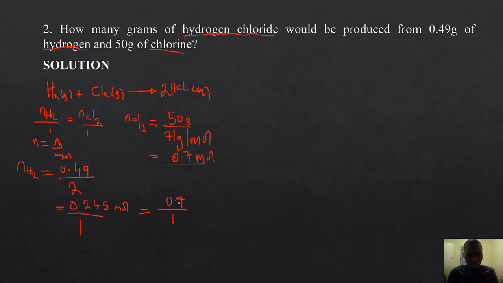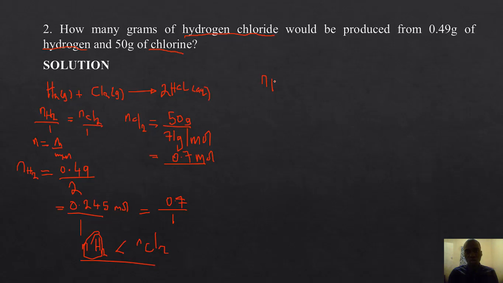You discover that the number of moles of hydrogen is less than the number of moles of chlorine by mole ratio. Therefore, our limiting reagent here is hydrogen.